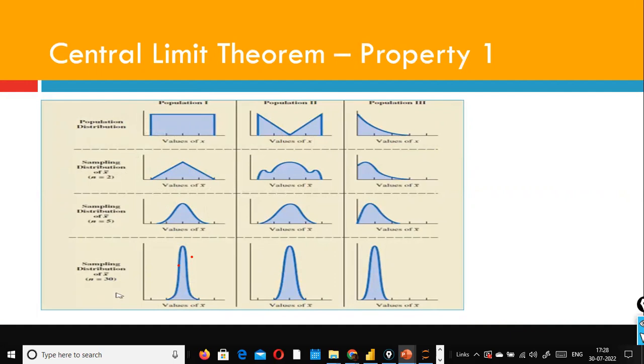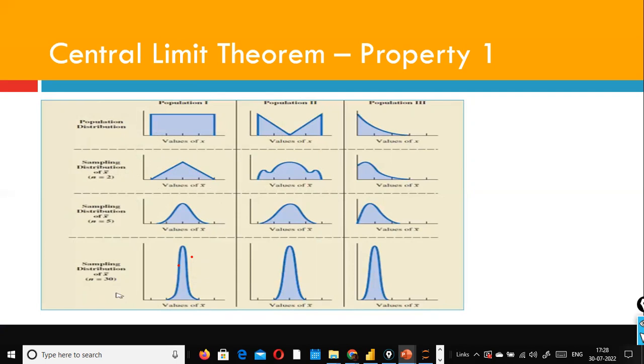What the central limit theorem says is, when you draw samples of 30 or more, irrespective of the type of the distribution of the population, it will become approximately normally distributed. See, 30 or more.